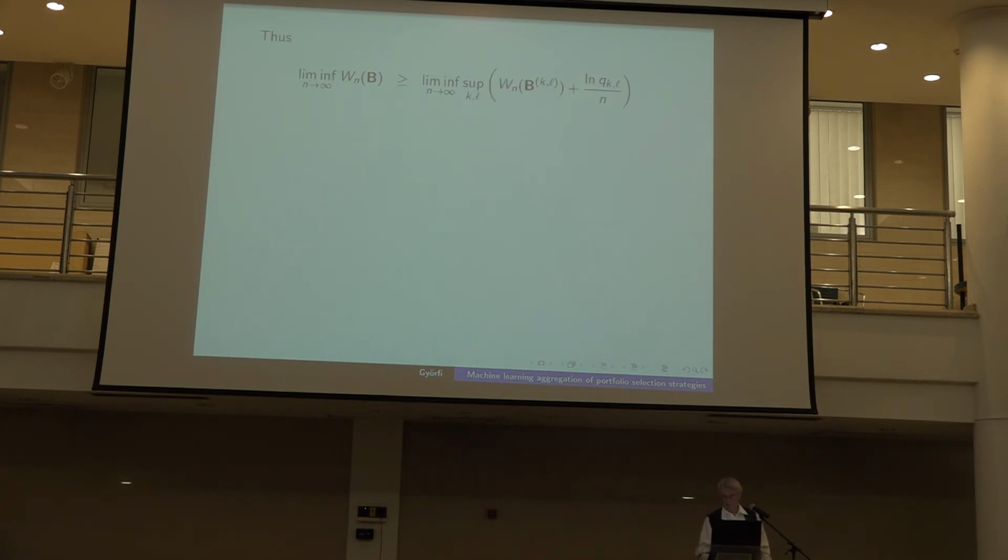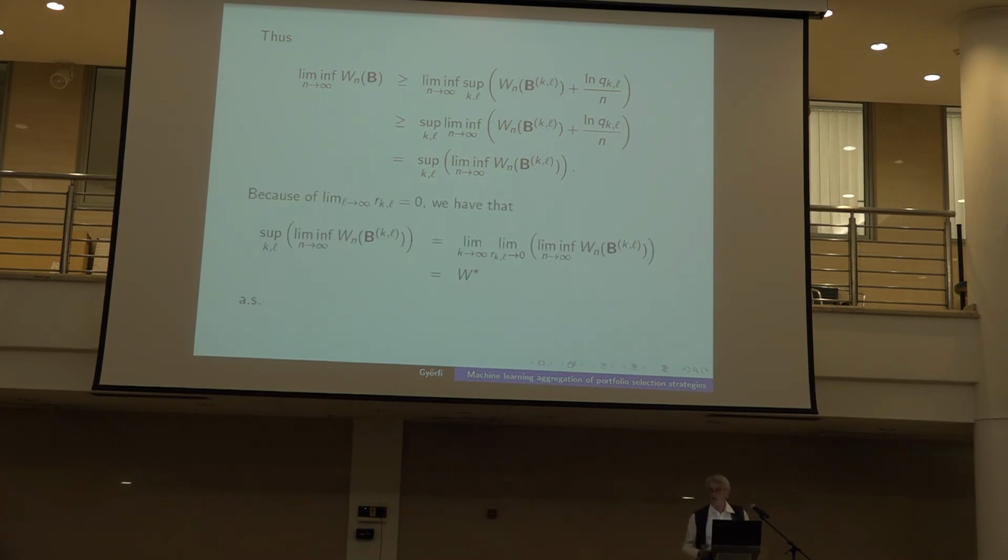So from the previous page, we have this inequality. For infinite data, our growth rate is larger than or equal to the best possible asymptotic growth rate of the experts. And with an additional half page, we can show that for infinite data, the window size can be large and the radius can be small.